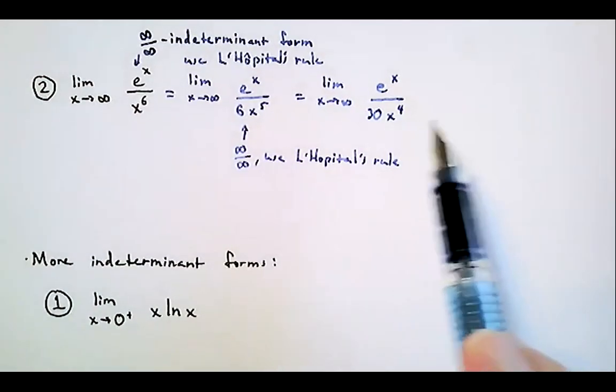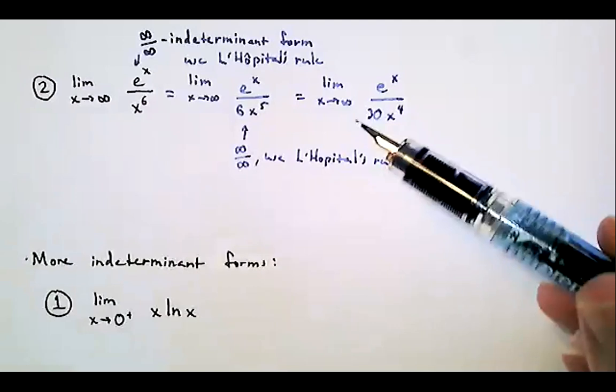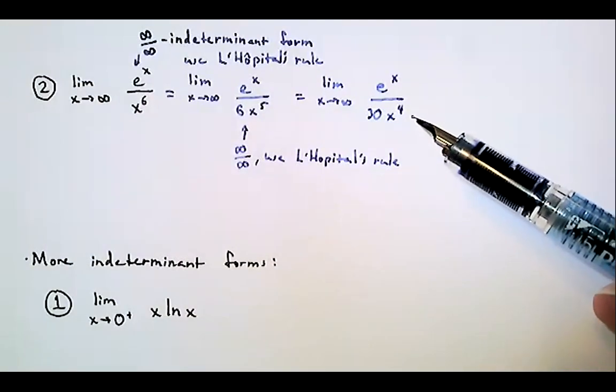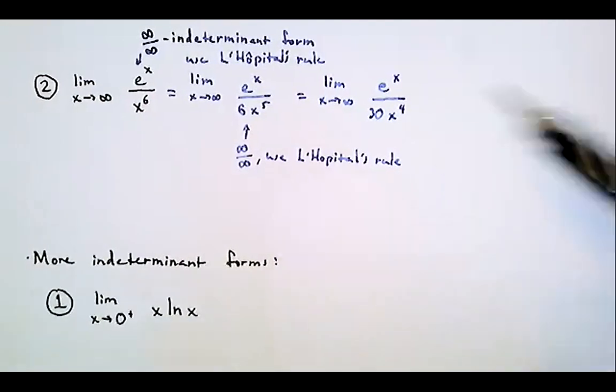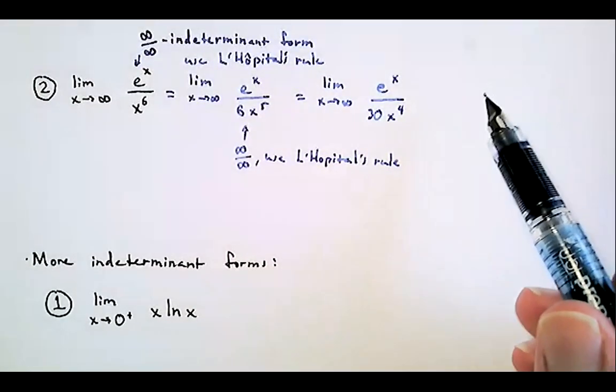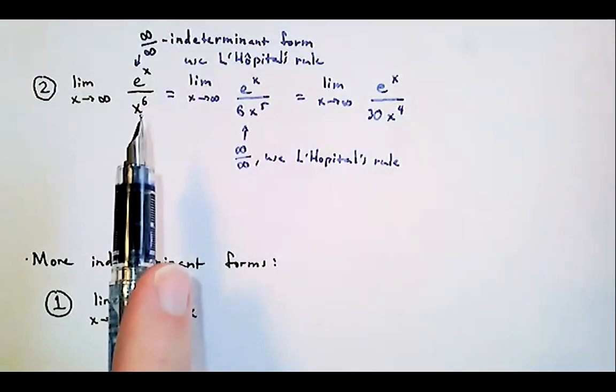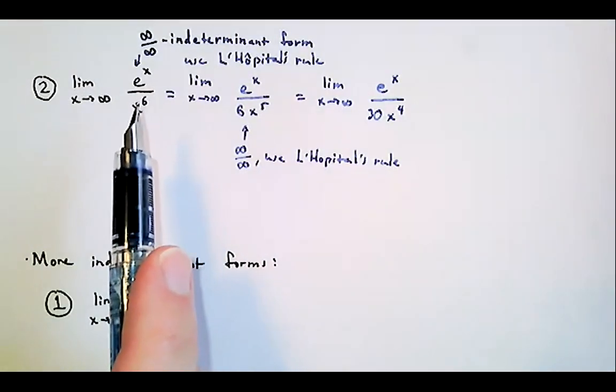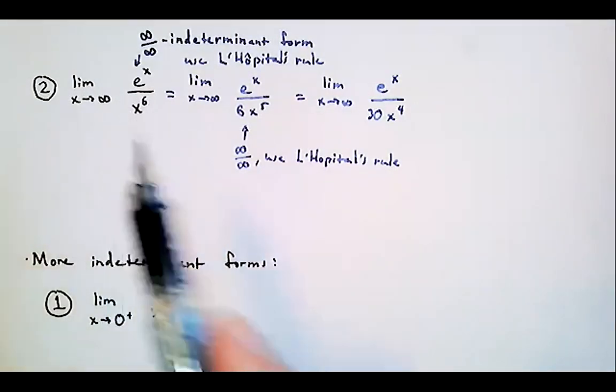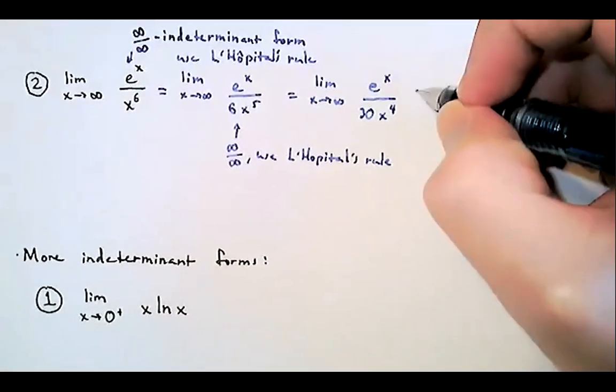And, well, that'll just keep on happening. We still have an infinity over infinity. And like Matthew noticed in the chat, we're going to have to actually use L'Hopital's rule 6 times. So in order to get rid of all of these x's, the 6 x's, we need 6 derivatives.